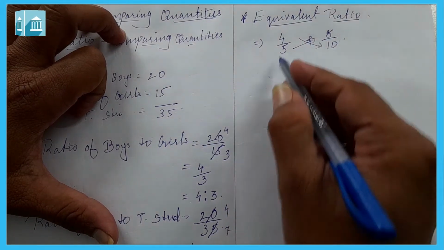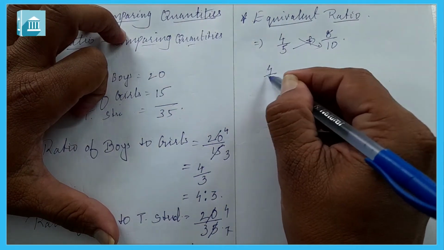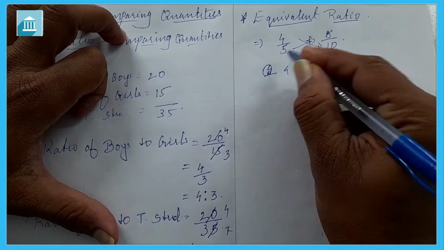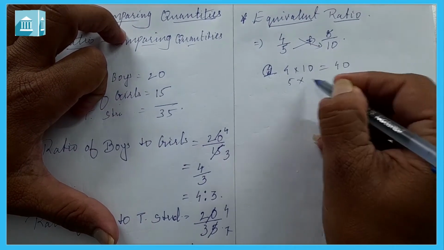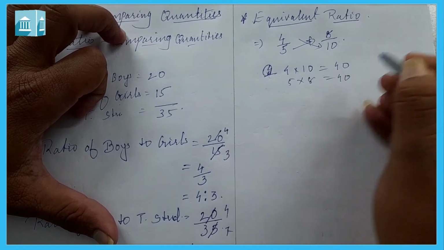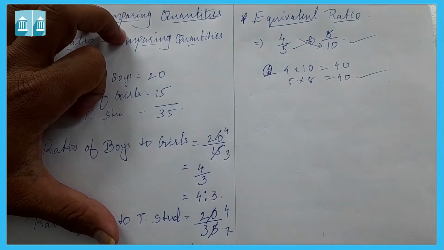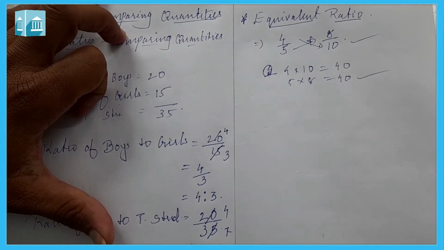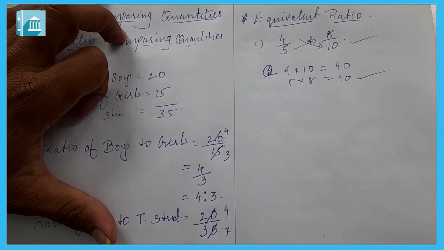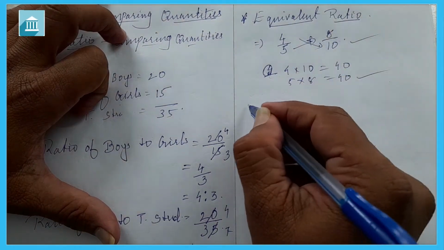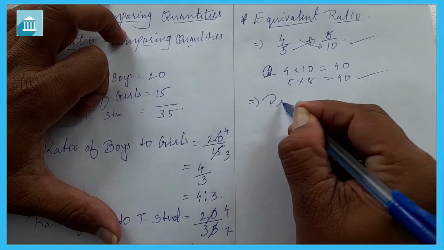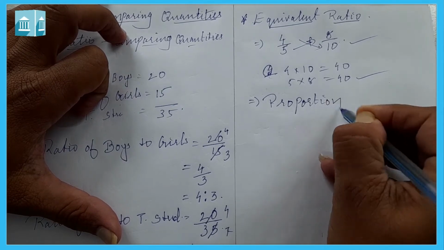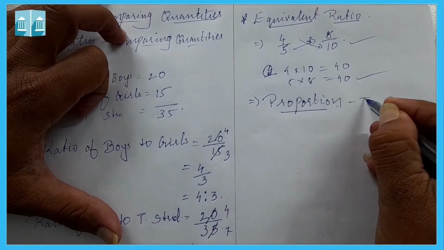For example, 4 into 10 is equal to 40, and 5 into 8 is equal to 40, which means these both are equivalent ratios. In this way we can find equivalent ratios, which is also known as proportion.